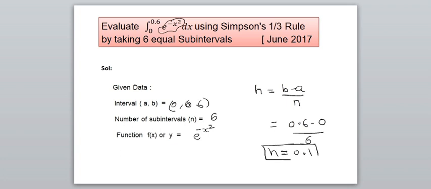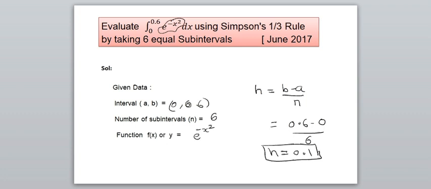Now to get the successive values of x starting from the lower limit 0 up to the upper limit 0.6, we have to continuously add this step size 0.1 so that we get the points x. And those points x we have to substitute into the given function e power minus x square to get the corresponding values.